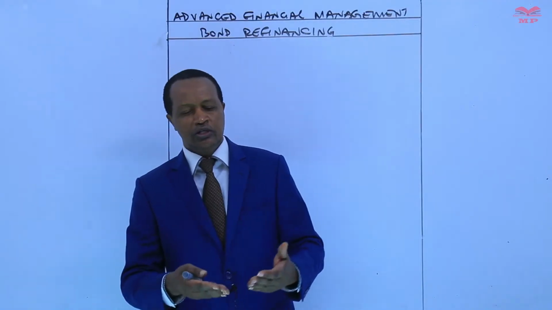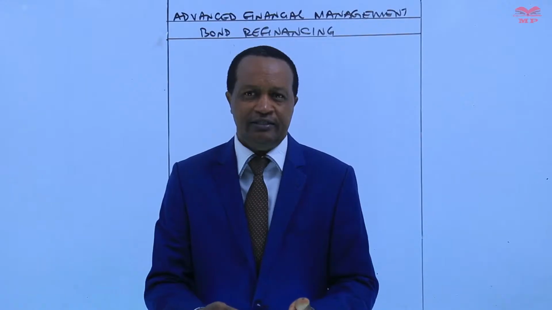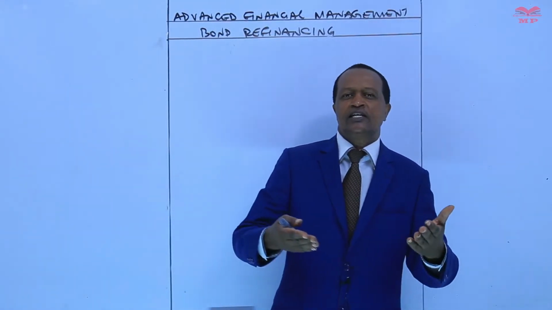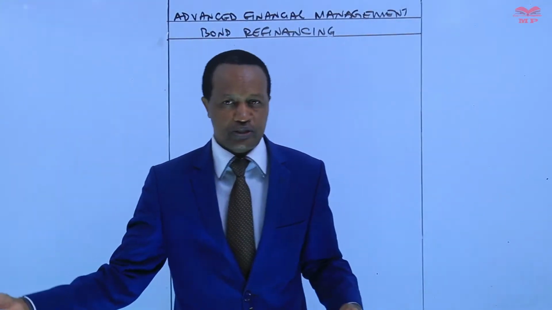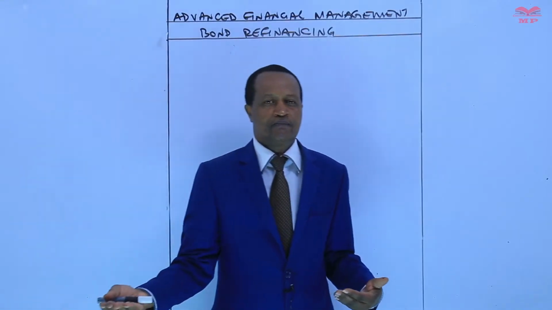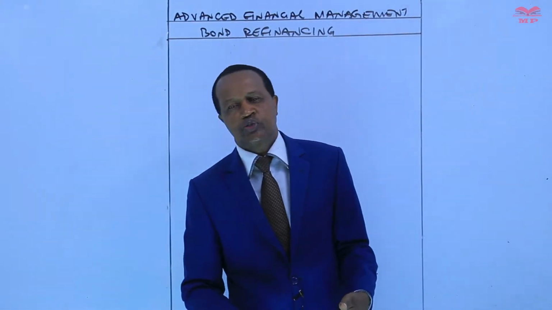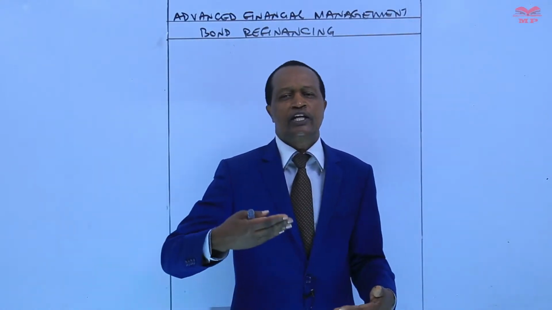So first of all, we define what bond refinancing is. Bond refinancing is the process of issuing new bonds to pay off existing bonds. If a company issued bonds 5 years ago, it may choose to refinance by issuing new bonds.